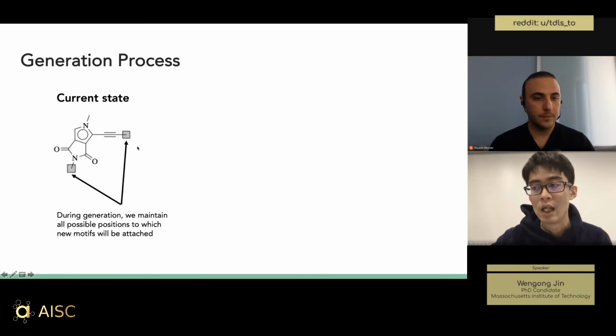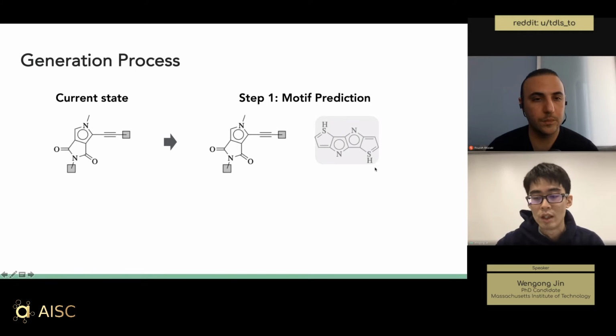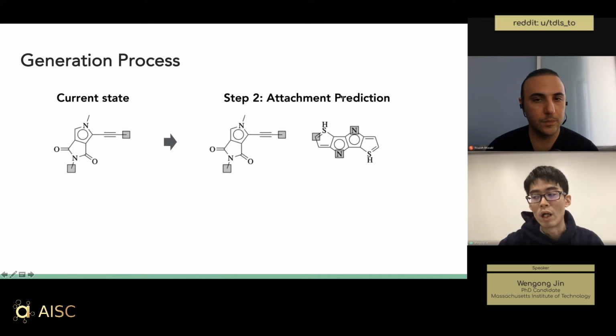So each generation step contains three predictions. The first step is motif prediction. It will predict what is the next motif that needs to be added to the molecule. After we have this motif, we will need to know how to attach this new motif to the current graph.